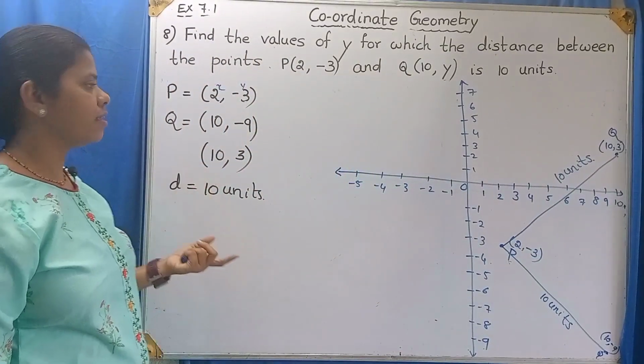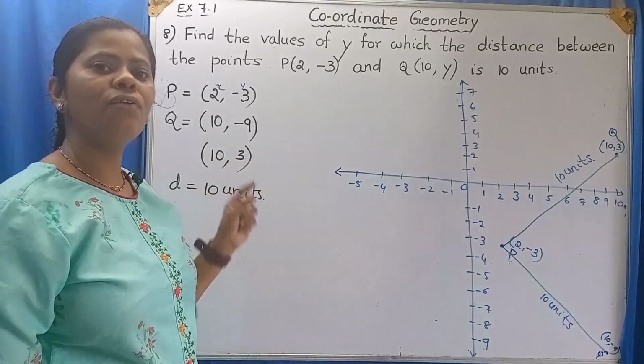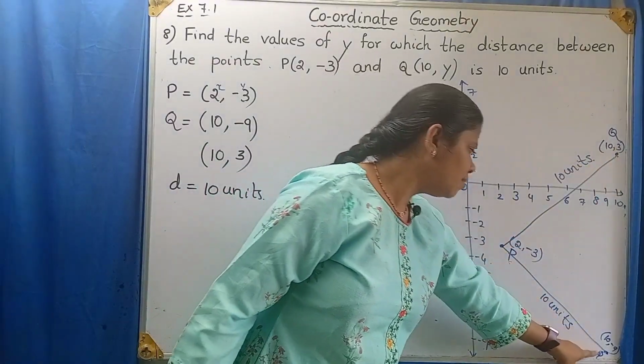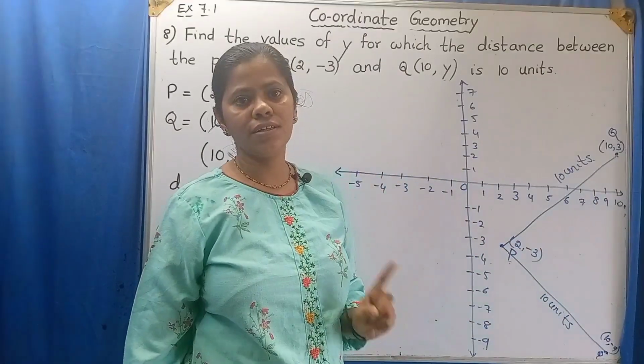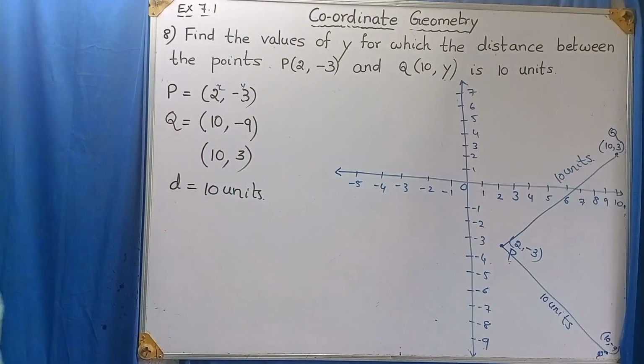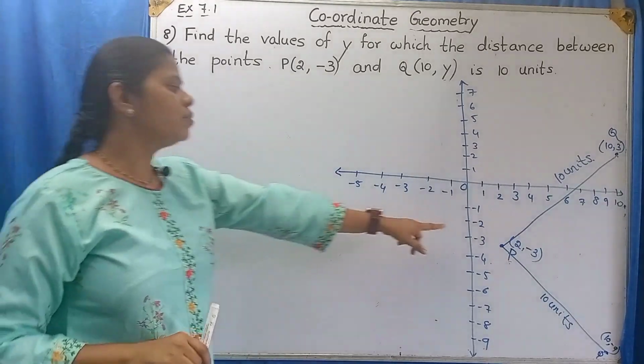Let us verify whether it is correct or not. How to verify? We have to find the distance between the two points. Then we have to get 10 units. Then only our answer is correct. There are two cases.